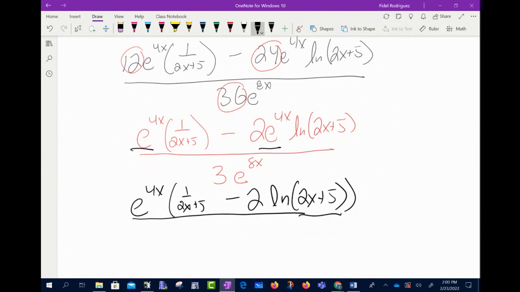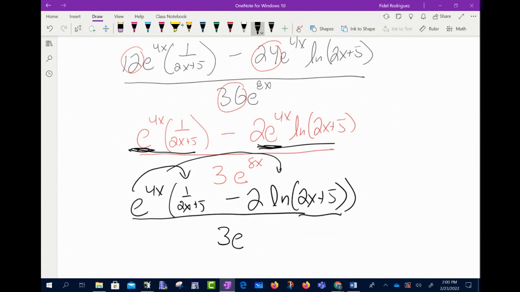Can we take that e to the 4x out of both of them? Isn't it a factor of this piece, and isn't it a factor of that piece? So think about it this way, right? If I were to multiply it there, I would end up with this, and if I were to multiply it there, I would end up with that, right? Okay. Let me show you one more step.